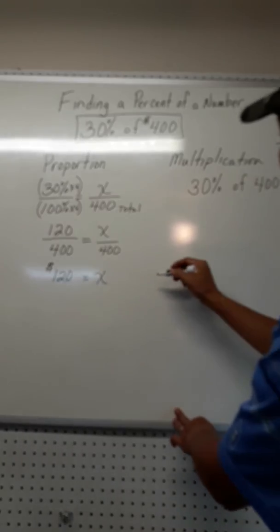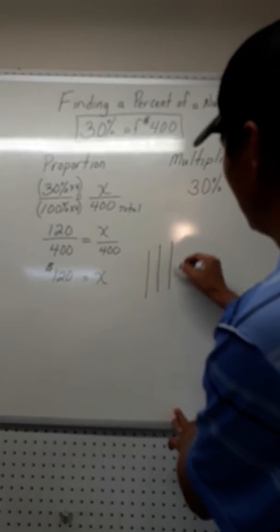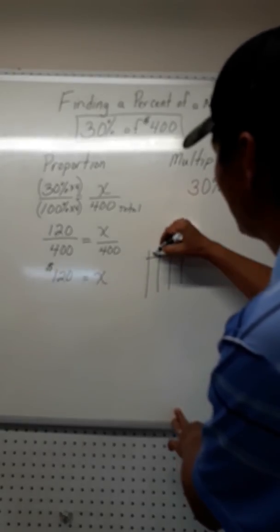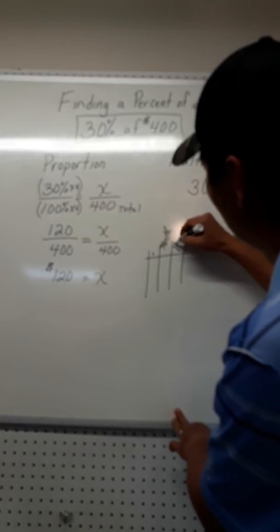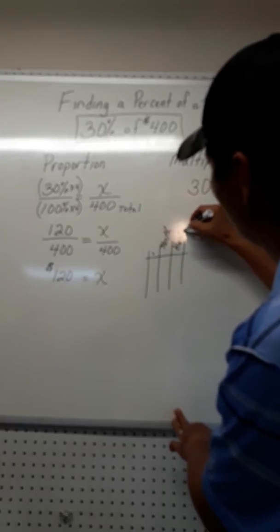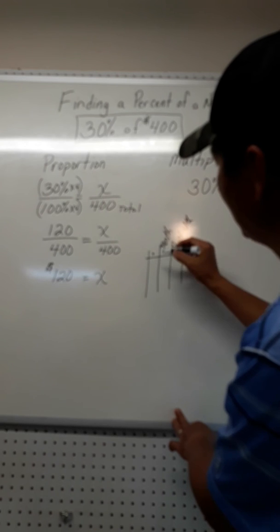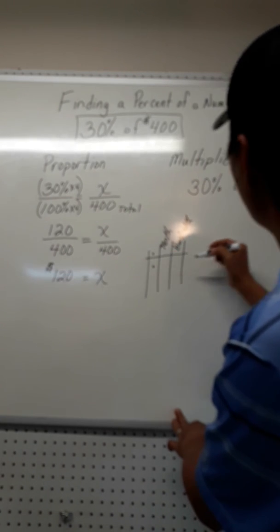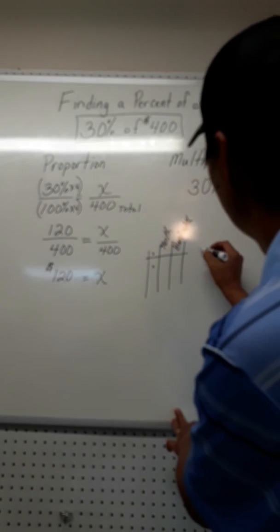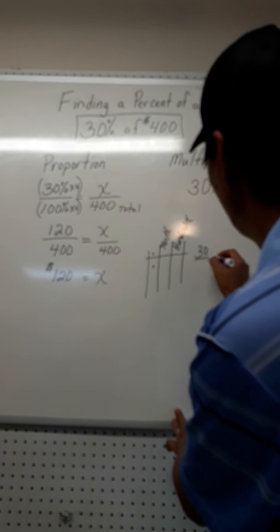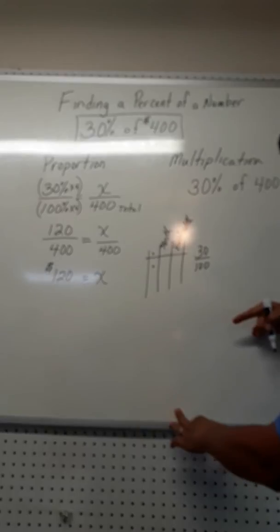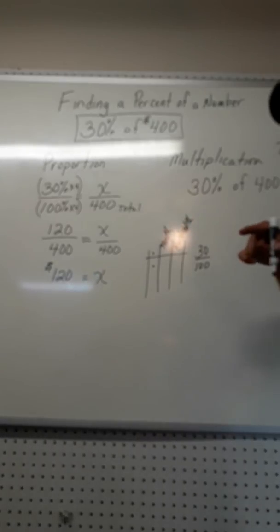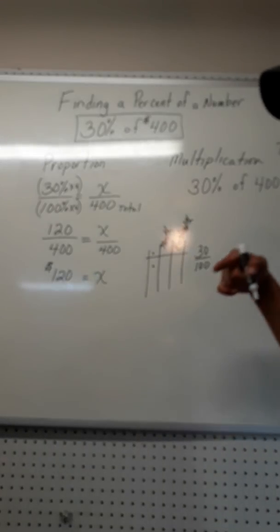So in short, if I look at my place value chart, here are my tenths, hundredths behind the decimal. If I say this number, 30 over 100, as a fraction, 30 hundredths, you can hear the sound hundredths being articulated.